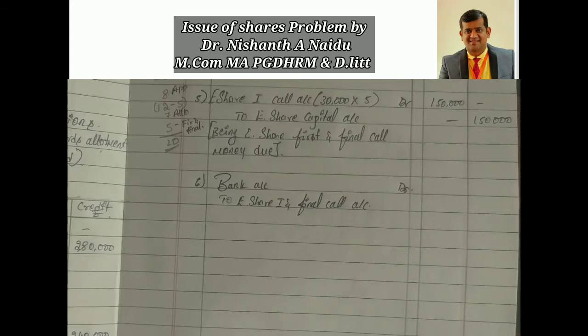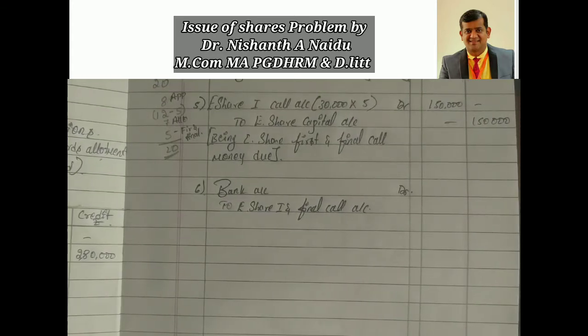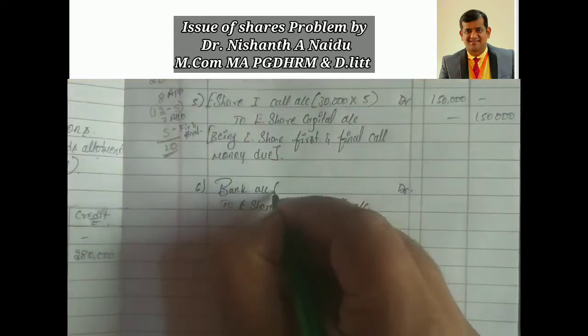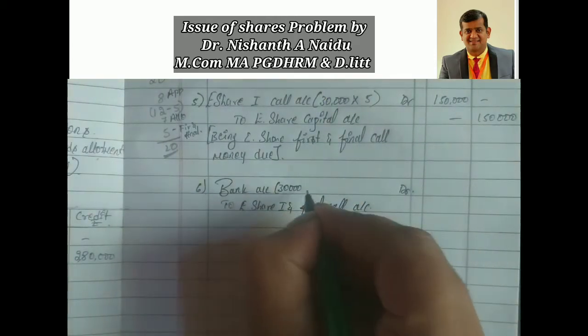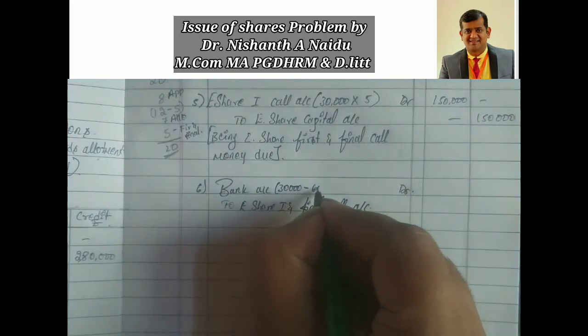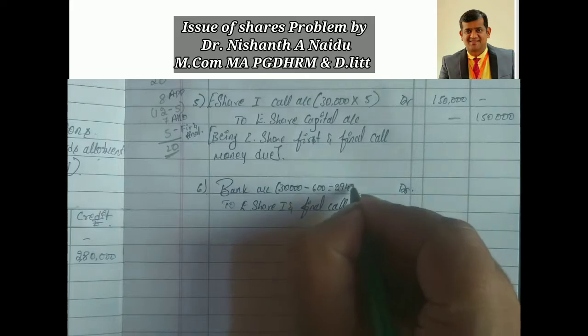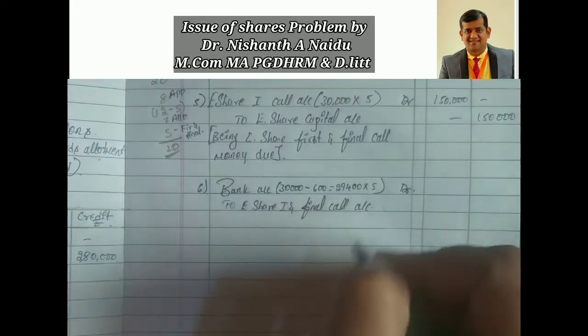So he has failed to pay the call money on 600 shares. That is very clear. We have not received first and final call money on 600 shares. So the actual number of shares we are supposed to receive on is 30,000 minus 600, which gives 29,400 shares, into final call money of 5 rupees.